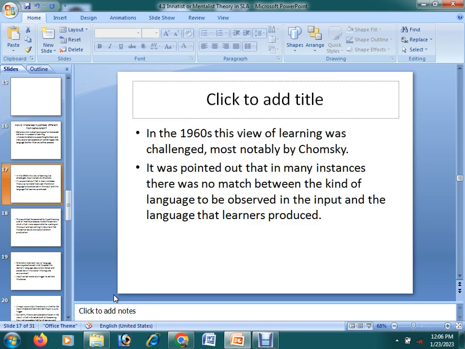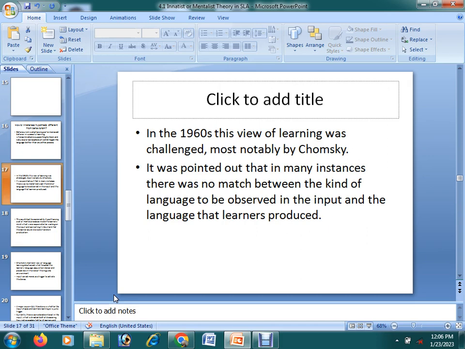What is input then? In innatist theory, is input necessary? We can make an analogy that yes, we will learn language naturally from our inborn capacity, isn't it?